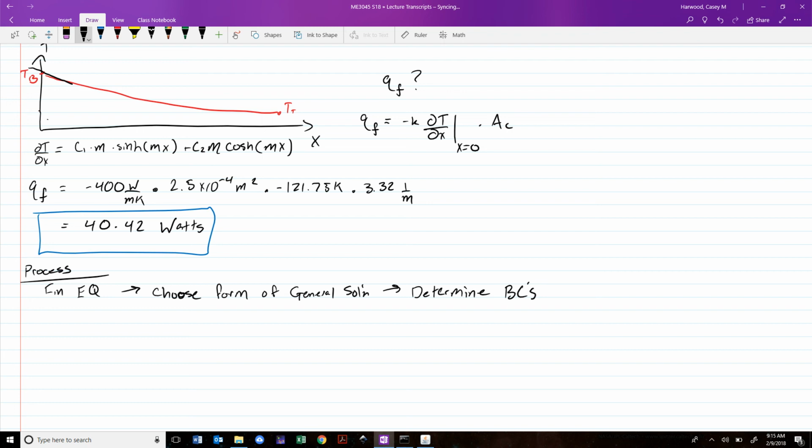But once you determine the boundary conditions, find C1, C2, and then apply Fourier's law at tip to find Q flowing through the fin.